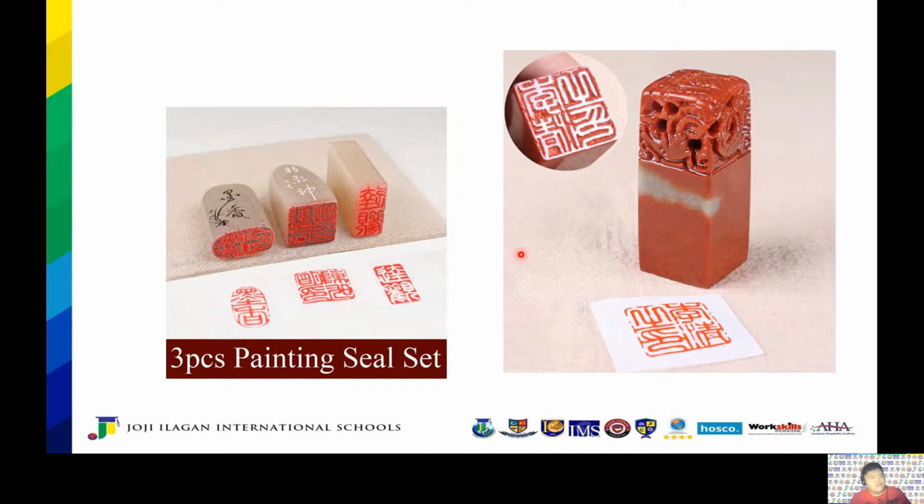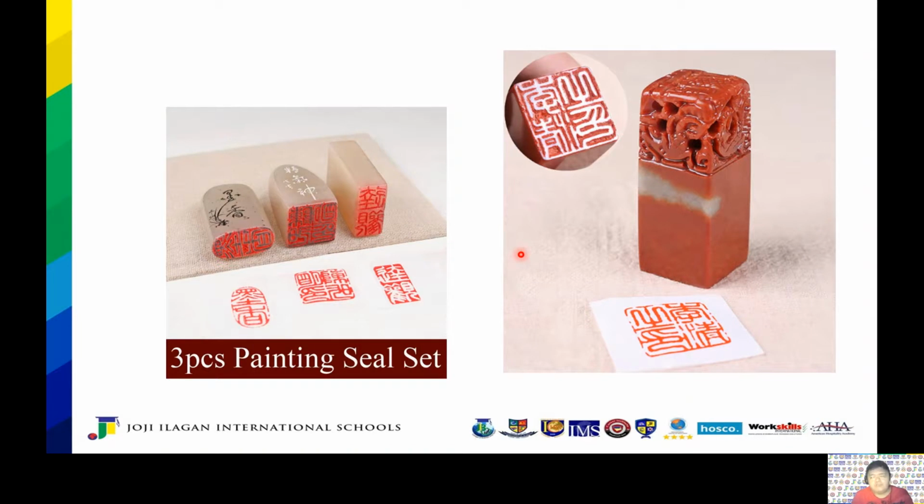You can actually order certain seal script inscriptions over online shopping. As long as you provide the seller with the characters, they can sell it to you for a certain price. And these can go up to $20, $25 a piece, especially if you want the elaborate pieces that are made of jade or precious stones, it can go very expensive.